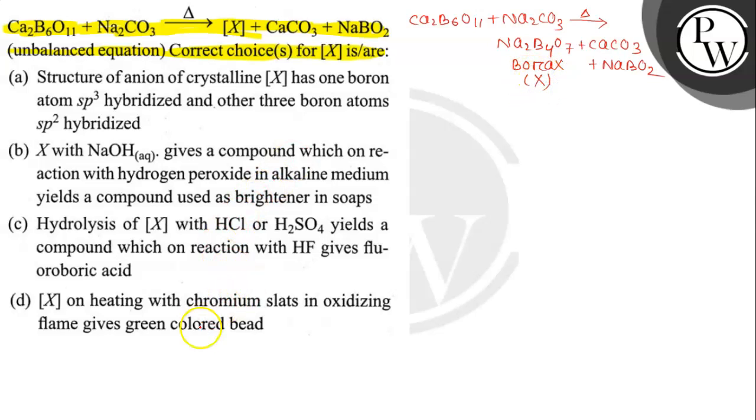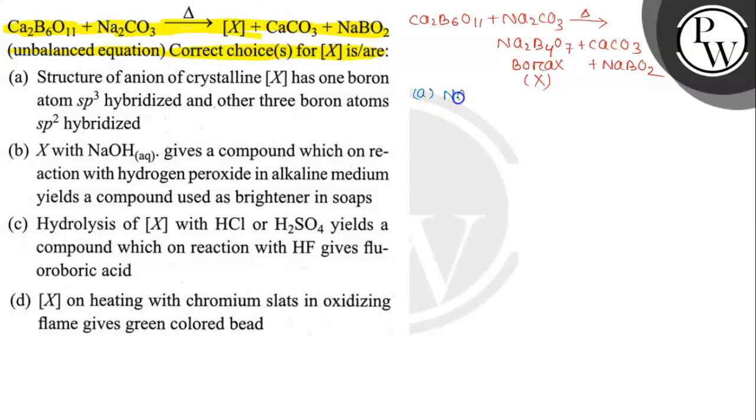Now we'll see the options. The first option says that the structure of the anion of crystalline X has one boron atom sp3 hybridized and the other three boron atoms sp2 hybridized.